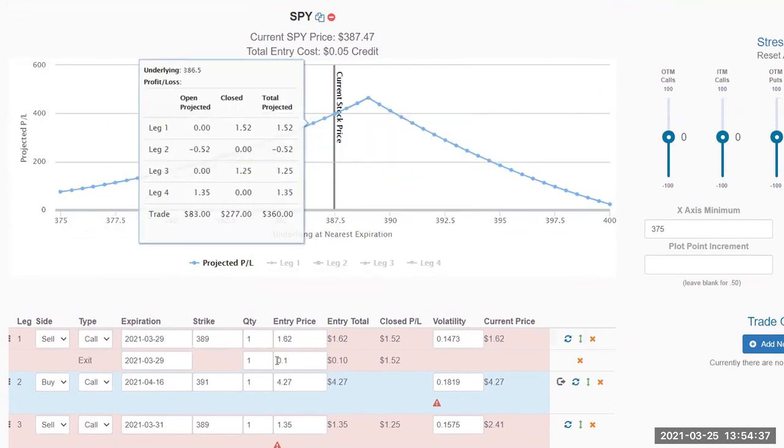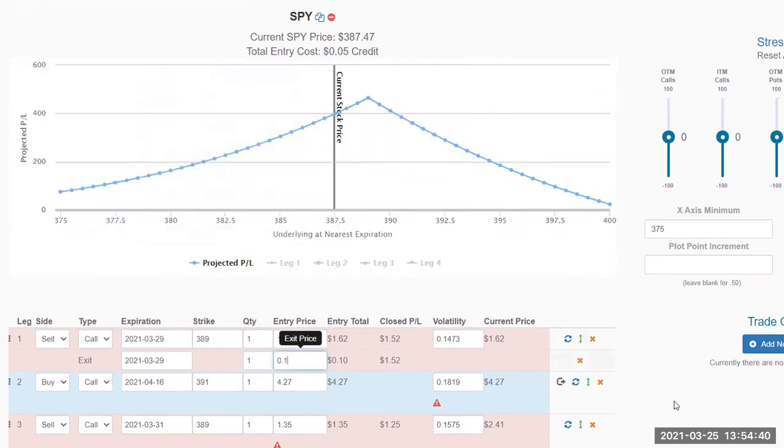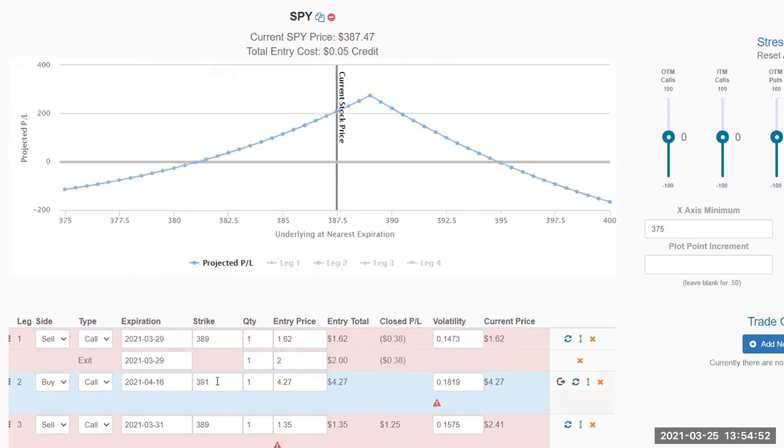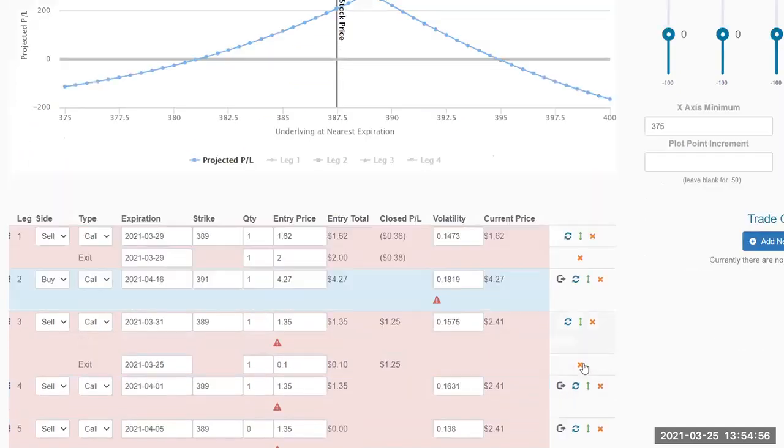Now, let's say we have to exit this. Let's say the market moves up to like 391, right? So we have to exit this at $2, right? Well, this long is also going to be worth more.